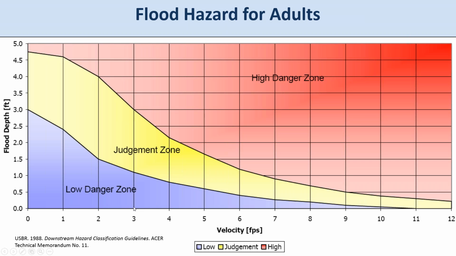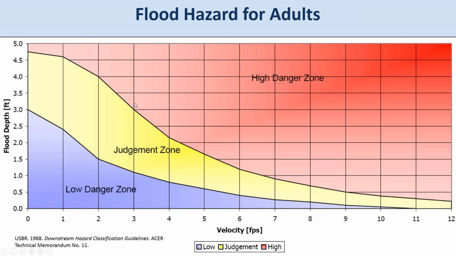For example, I've gone out and collected data in river channels, and when you're at a depth of 3 to 4 feet, that is, the flow is getting up on your chest here, 3 to 4 feet on your chest, if you get into 3 feet per second and the flow is on your chest, you cannot stand up.